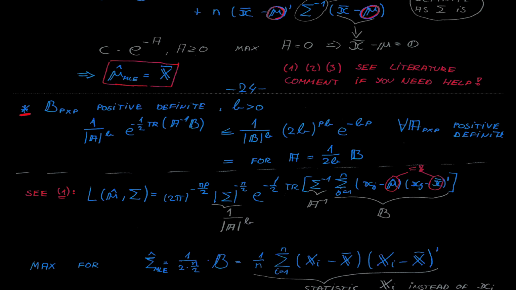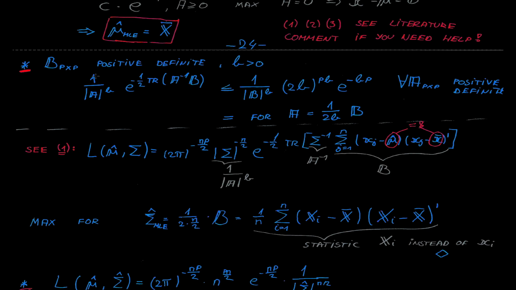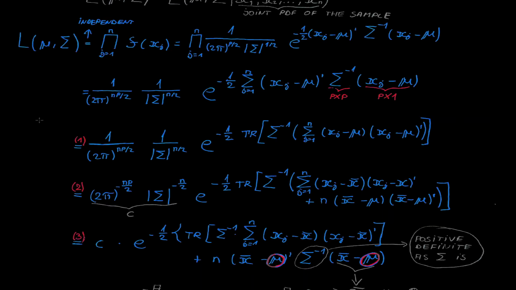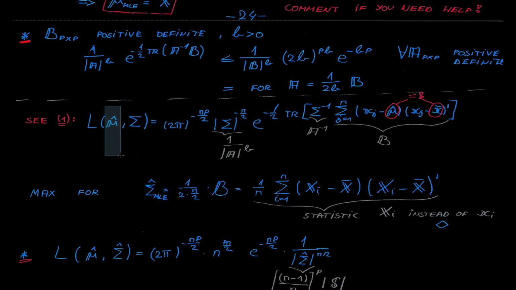So let's see how that lemma is going to help us find our maximum likelihood estimator. What we already proved for the likelihood function is that it can be written like this. So this is our part 1. We'll just continue from this, but instead of our vector mu, we will look at this likelihood function only as a function of sigma, because we already know the maximum with respect to this parameter.